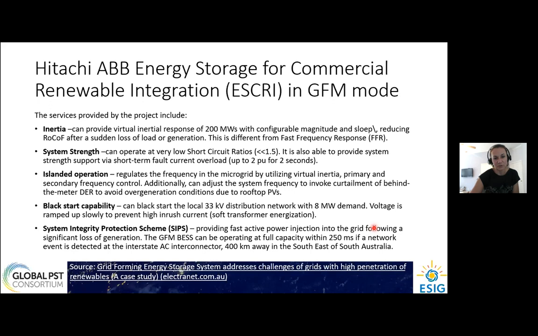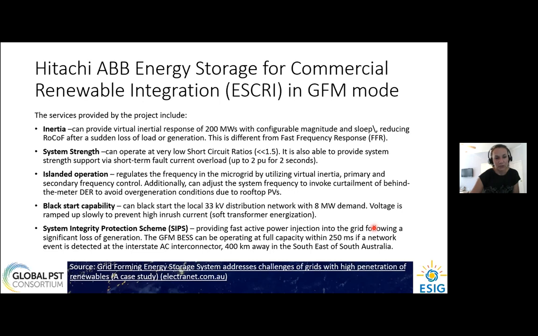This is like a special protection scheme used in South Australia. When an AC interconnector from South Australia to the rest of the grid trips, the battery can respond within 250 milliseconds and provide frequency support.